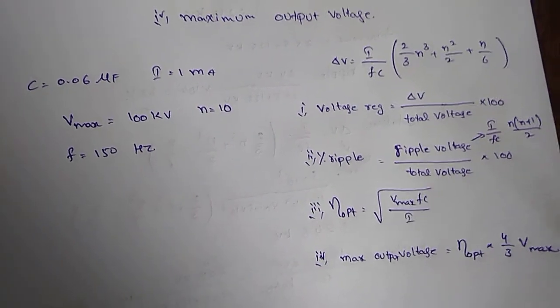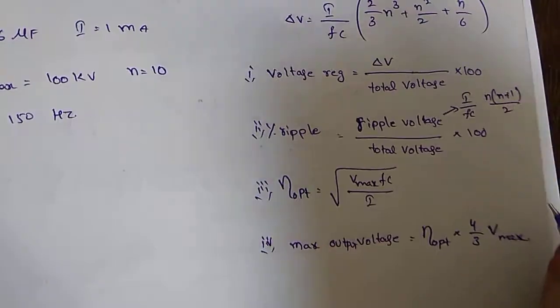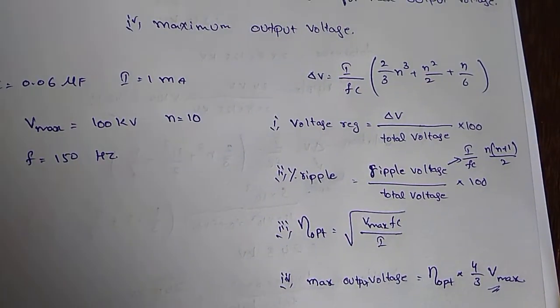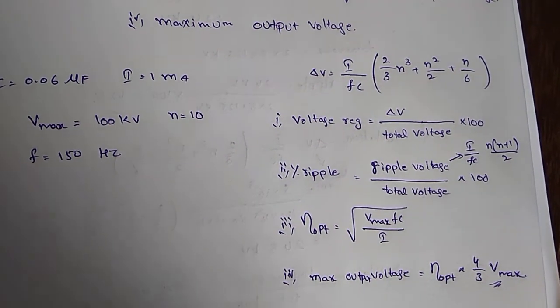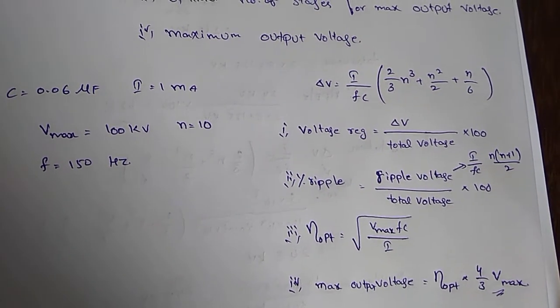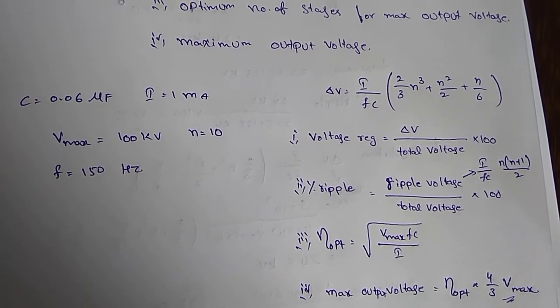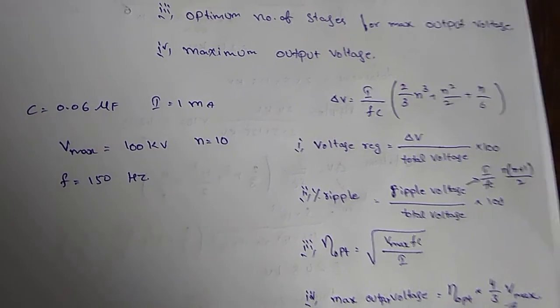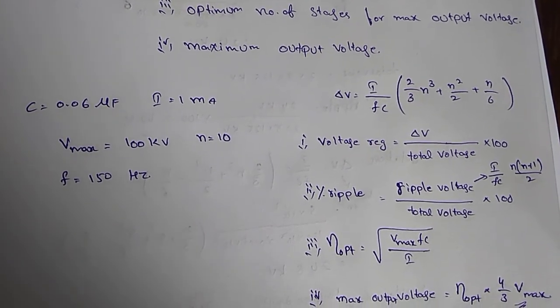This is the only new formula. Try to substitute all the values and calculate the corresponding results. With this, I have completed the voltage generation of DC voltages.